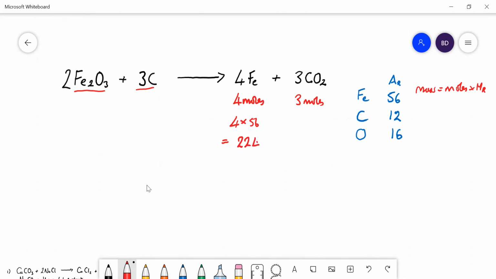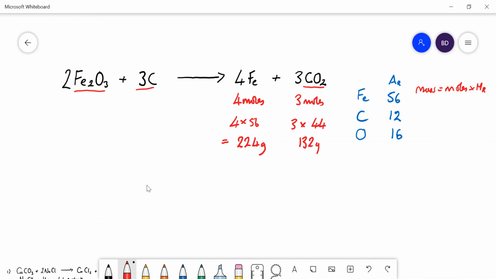So we'll get 224 grams of iron, and every time with that we're going to get CO2. The Mr of CO2 is 44, 12 for carbon, 2 times 16 for oxygen, and we've got 3 moles of that. So 3 times 44, that's 132 grams.